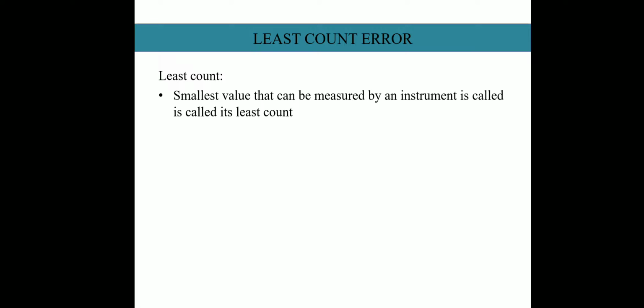Okay, because 1 centimeter is divided into 10 equal divisions, and every division is equal to 0.1. So the scale that we use in class could only measure 0.1.